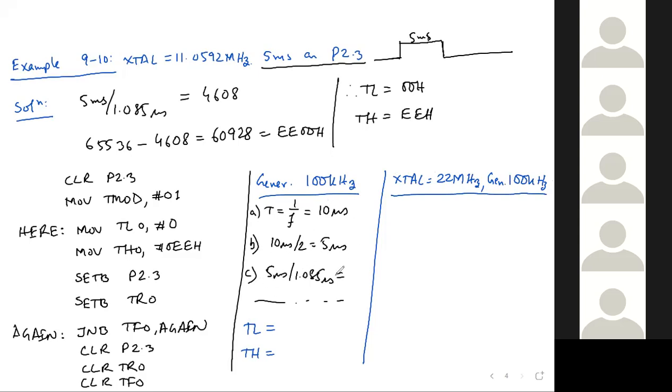In step C, instead of 1.085 microsecond, you have to use the machine cycle duration of this 22 megahertz, which if you calculate, I think will come as 0.546 microsecond. And all of you should be able to find out how I got this one.